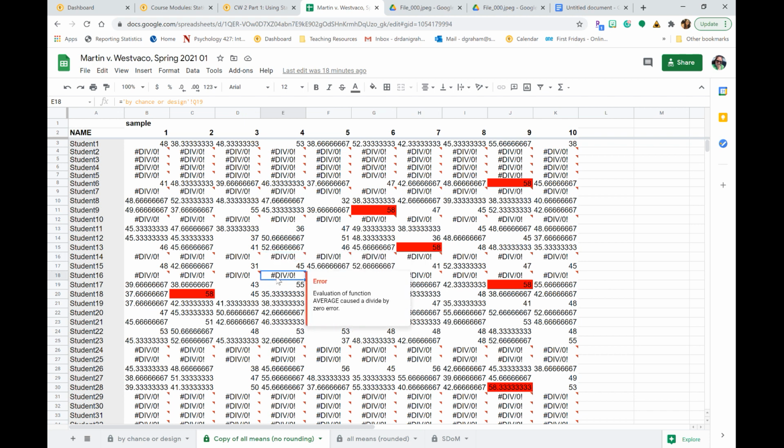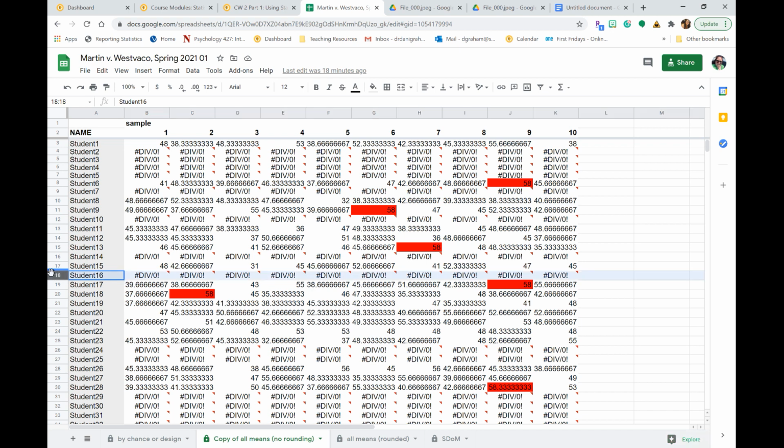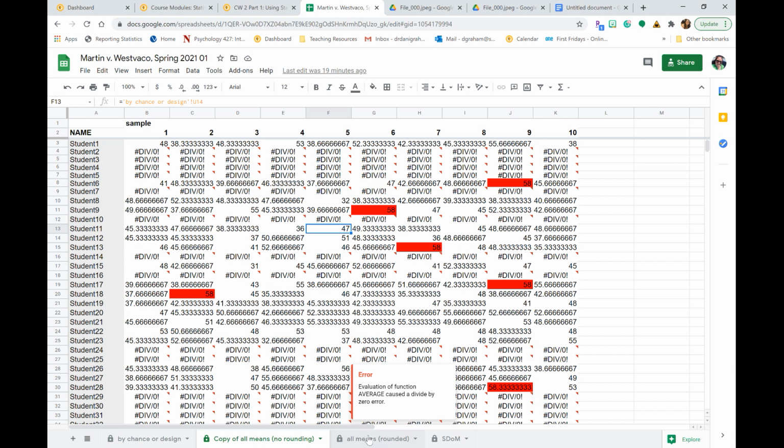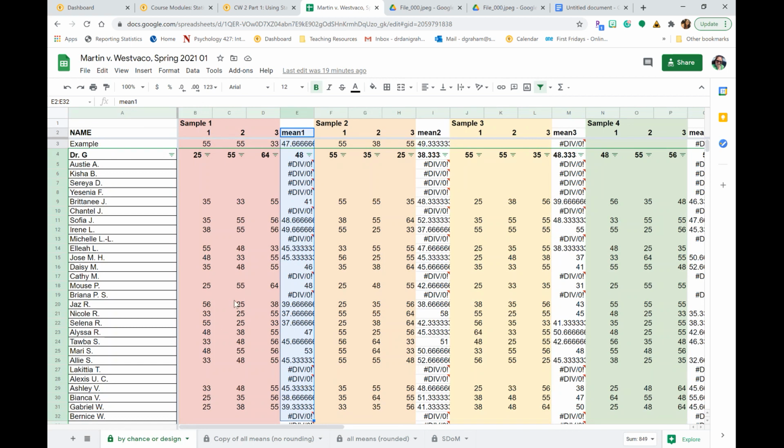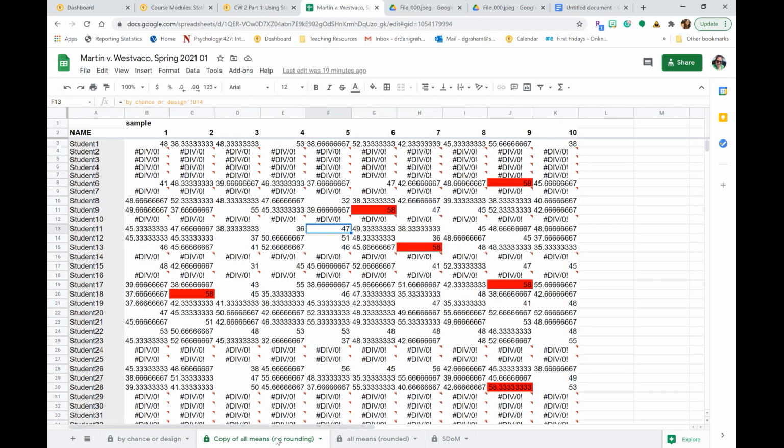That's just showing us this is data for a person who hasn't, or this student hasn't had a chance to put their data in, and so it's just throwing up an error showing that that information is blank. So it's a little hard to look at like this. So this next tab over is, again, here we see everything. Then if we hide these samples of data and we just look at the means, here we are.